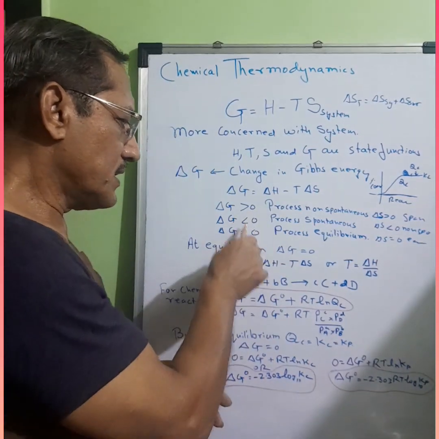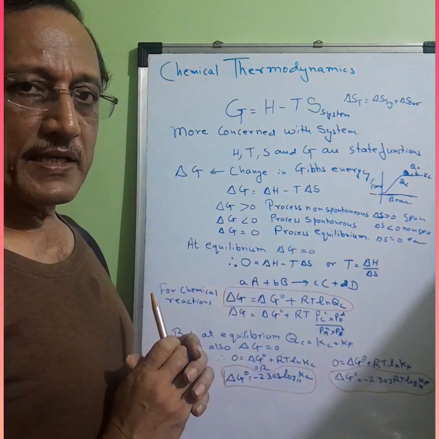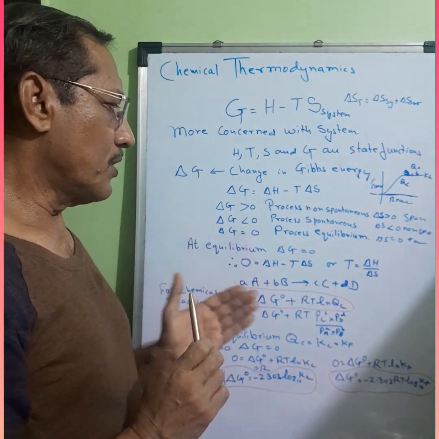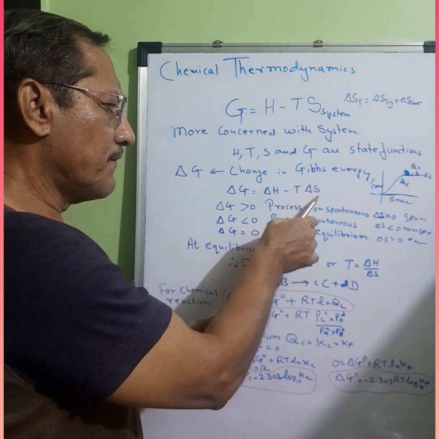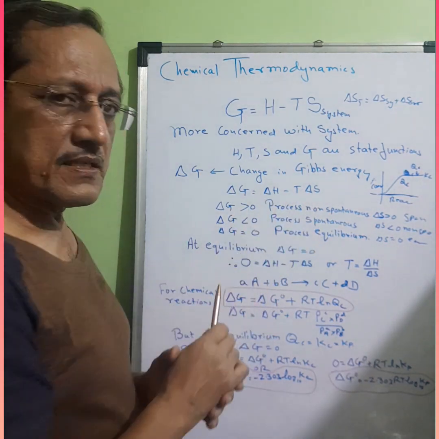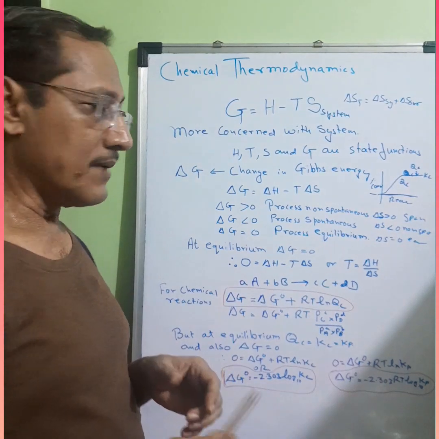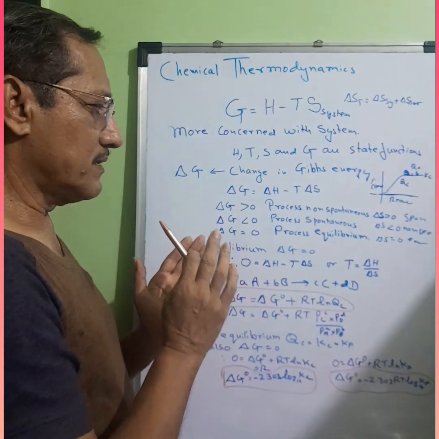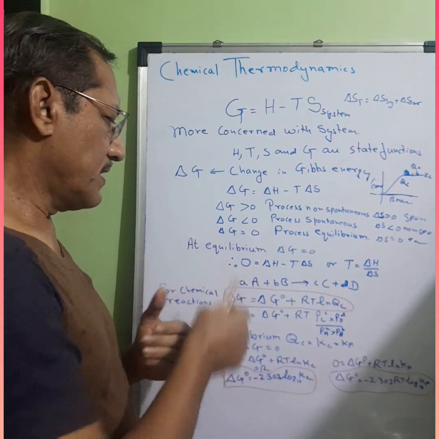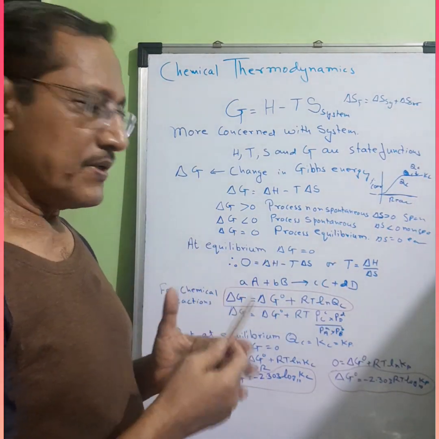These are the things that you have got to keep in mind, because there would be lots of questions asked by varying del G and del S, which I would pick up later. Now let's progress ahead into equilibrium. What happens at equilibrium?